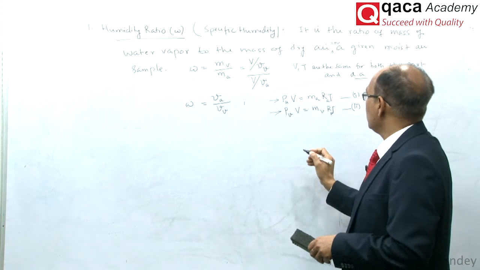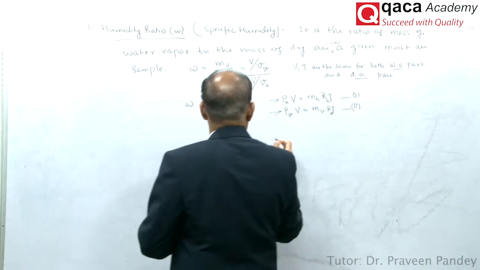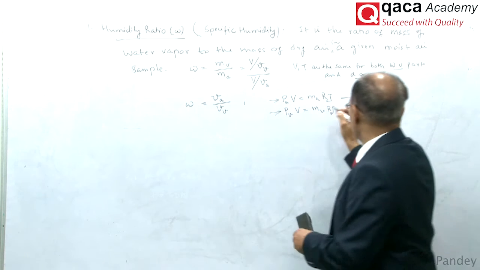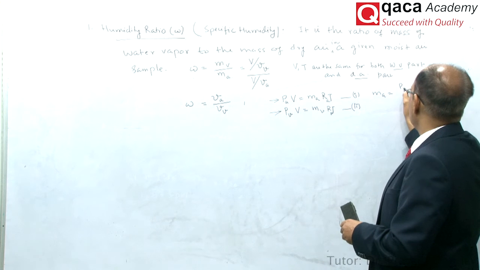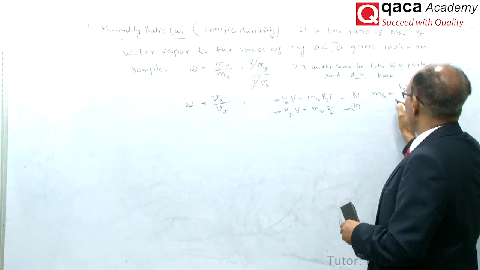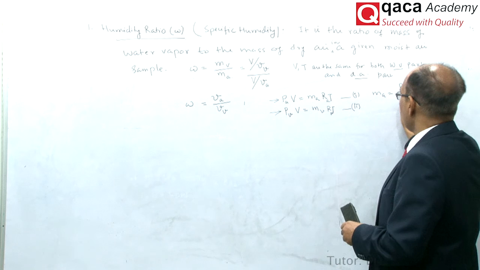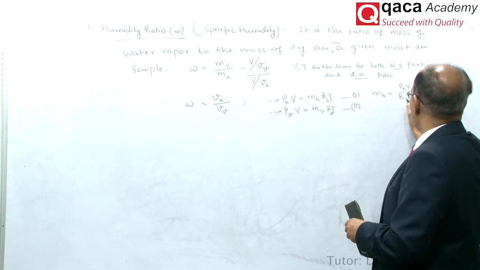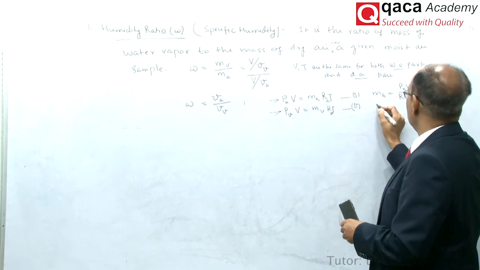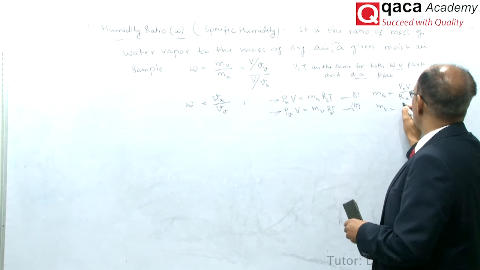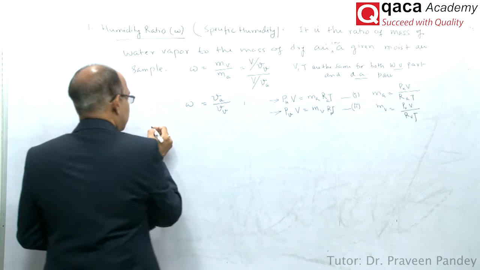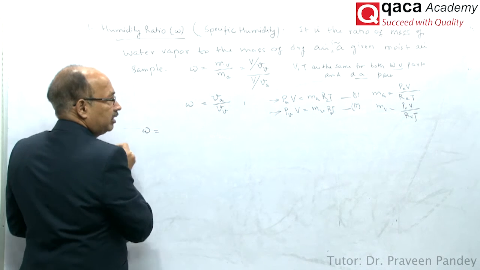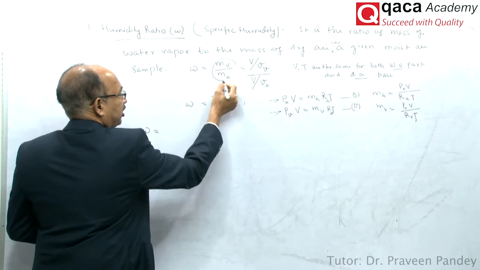Now, using these two equations we can write, see here, m_A is equal to P_A V by R_A T, and from here m_V is equal to P_V V by R_V T. So, specific humidity omega is equal to m_V by m_A.